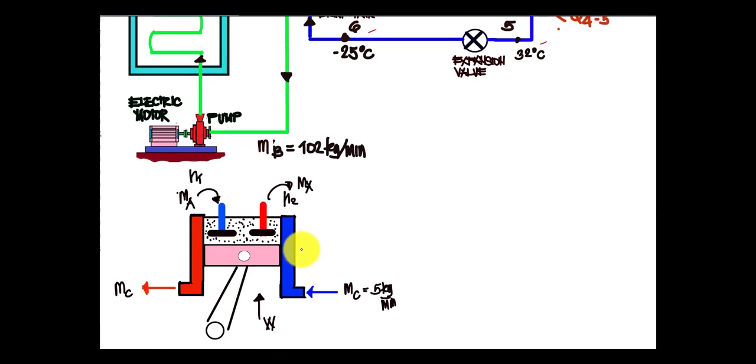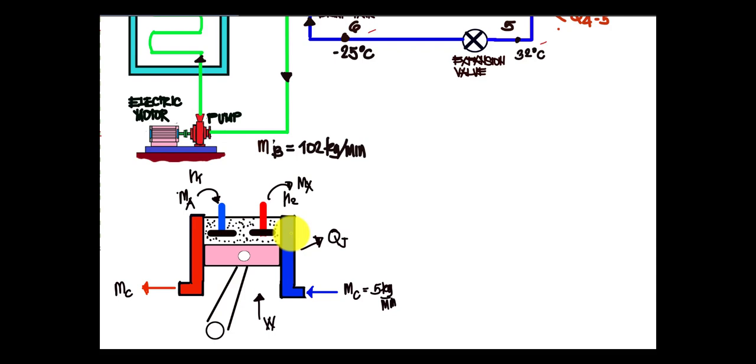Then we also have the heat that is being absorbed by the jacket water, Q of the jacket water. Usually we do not account for the fact that it is not 100% being absorbed by the jacket water.